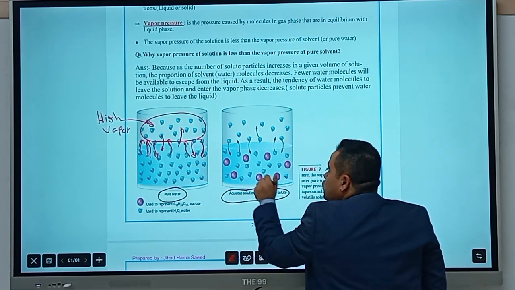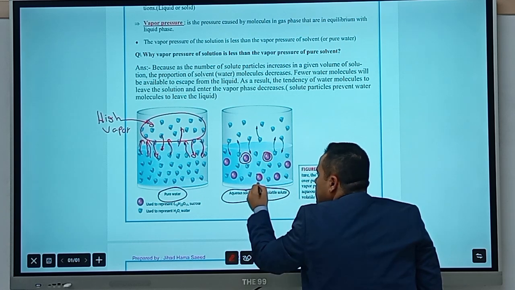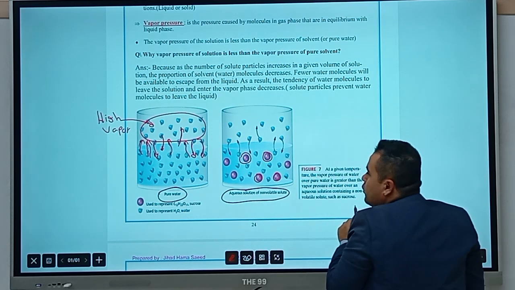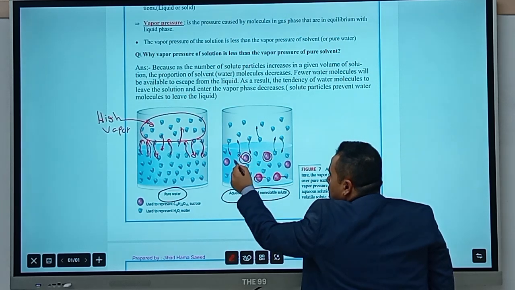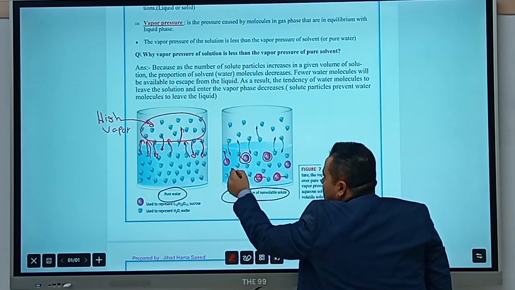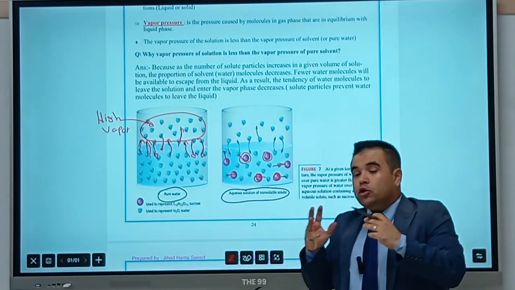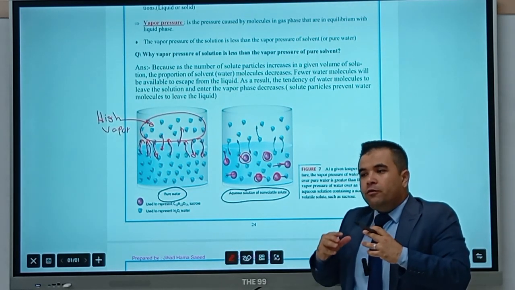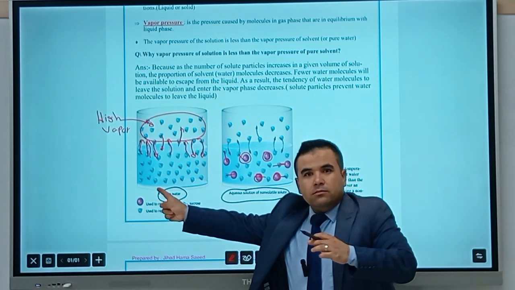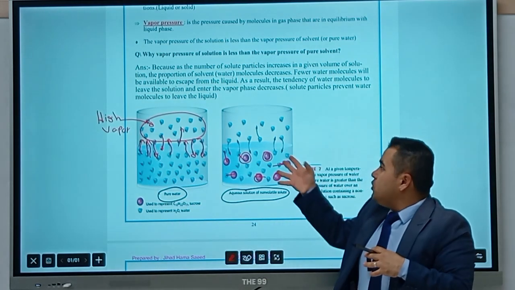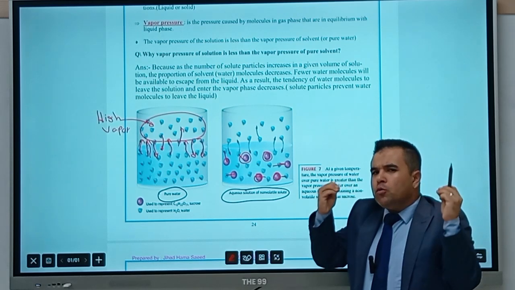But in the solution, due to having solute molecules, the solute molecules attract the solvents. They do not let the water molecules vaporize as easily as the pure solvent. Why? Because here we have barriers to the water molecules.